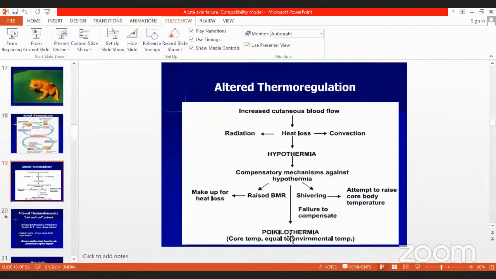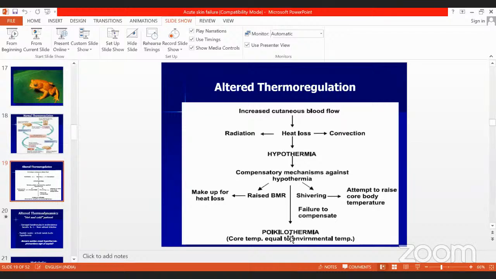Now, in those with acute skin failure, this is lost. They're neither able to maintain normal temperature when the temperature drops below or goes above. So they take the temperature of the surroundings and they become poikilothermic. So that's one thing that happens in patients with acute skin failure. And the way to detect it is to take a rectal temperature.